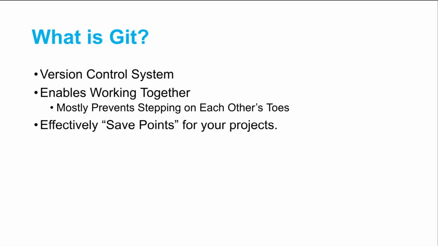So, what is Git? Git is a version control system. Well, that's not very helpful. What is a version control system? Well, when you're working with source code, or really anything where you work on things over a period of time, you can end up at times when you have good checkpoints or places where you can stop where you have a complete product or complete item, whatever it might be. And it'd be good to be able to save that so you can reference it later or go back if something didn't work out.